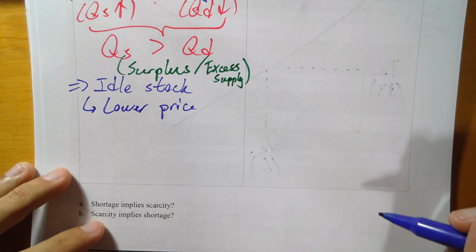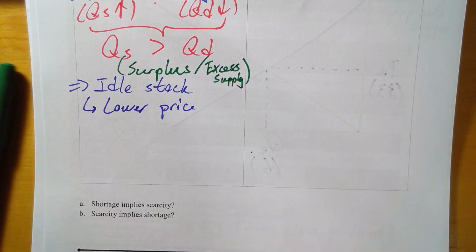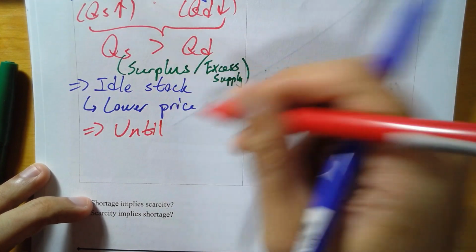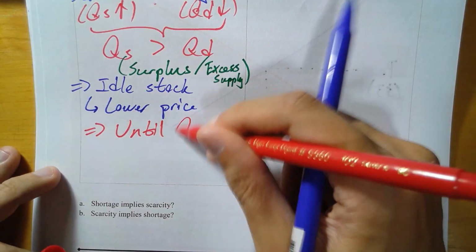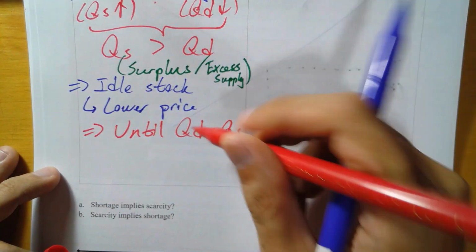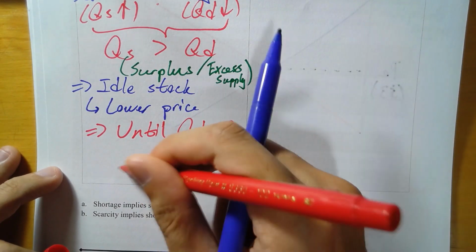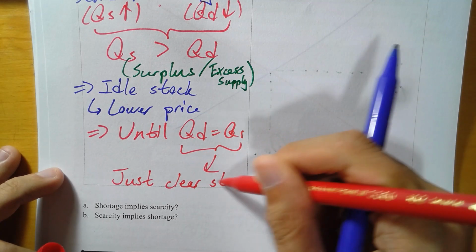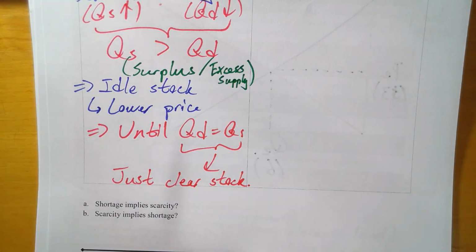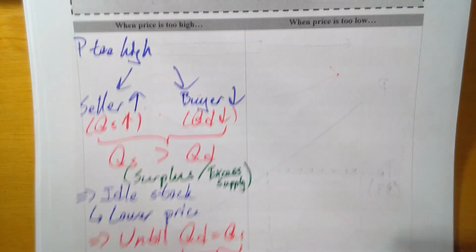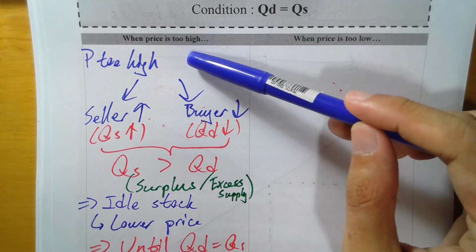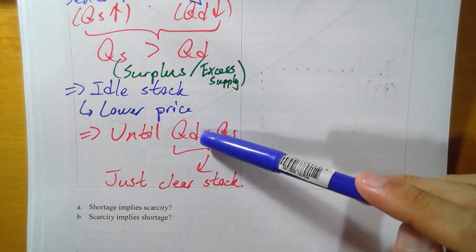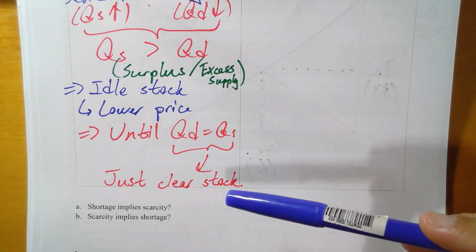Lower the price to clear the stock until QD equals QS, which means just clear the stock. Okay, 得唔得？所以你見到啦，by this logic, when price is too high, eventually price will be lower until QD equals QS, clearing the stock.